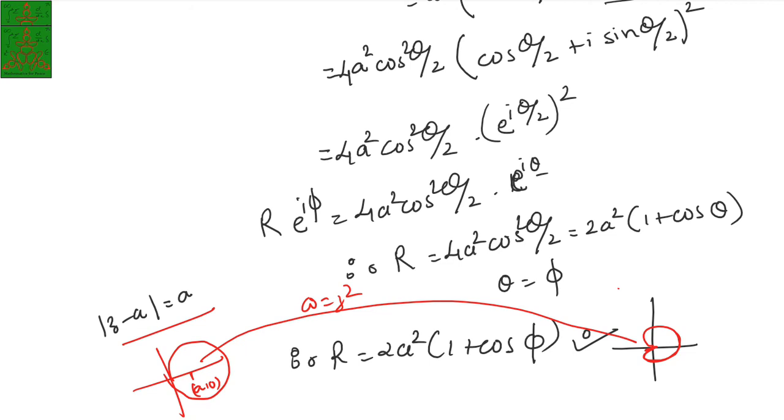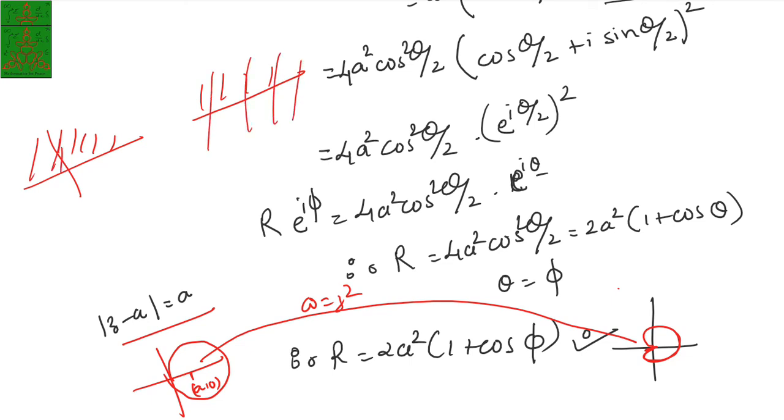And also we have seen that for a quarter plane, the angle theta is doubled. So the image of the quarter plane, that is this portion, will give you a half plane. If you consider the half plane, then it will give you the full plane. So that is the mapping w equal to z square.